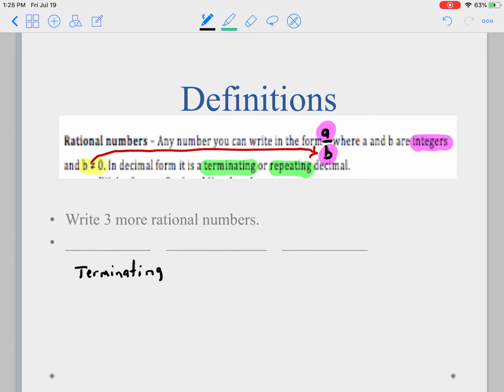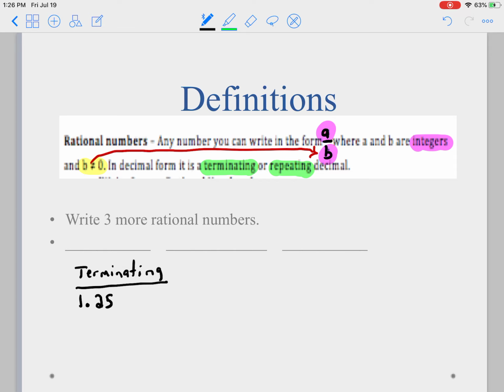Terminating and ending are pretty much the same term. So let's, for example, look at a terminating decimal. So we have our decimal point, 1.25. Notice that 1.25 has an ending. It ends at 5. It does not go on forever.